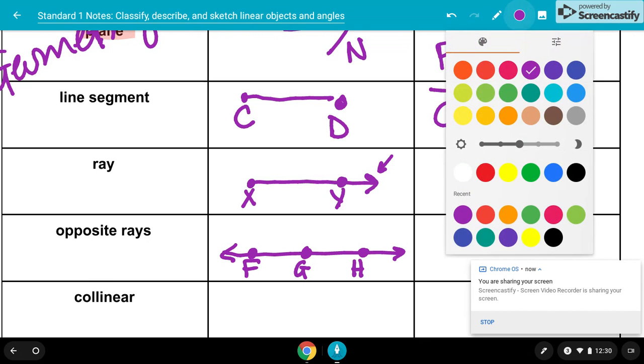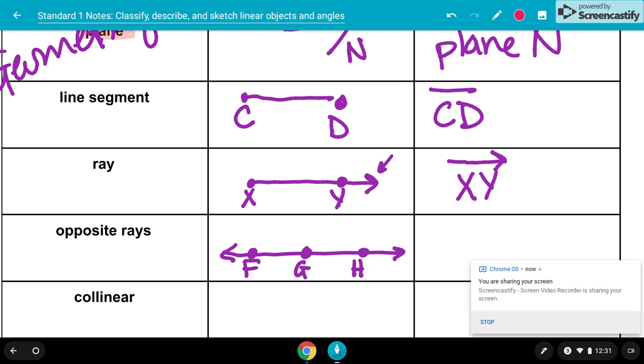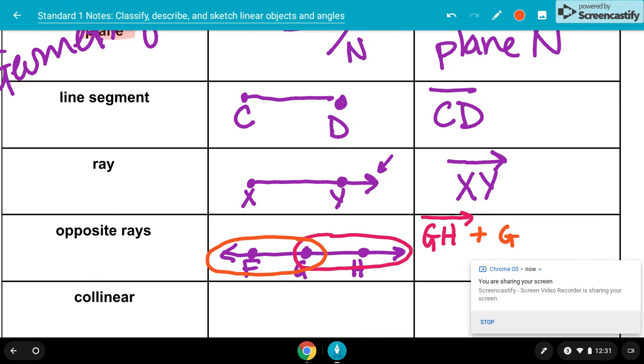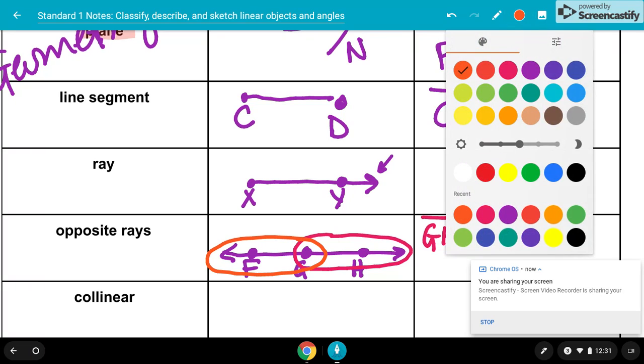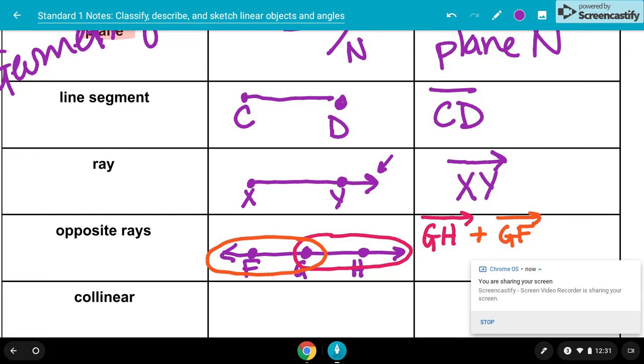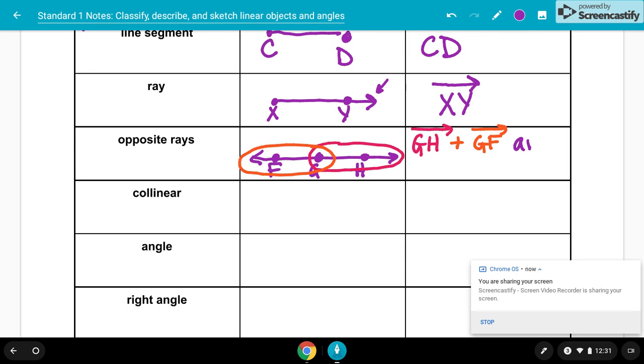You would say that ray GH, see how that's a ray? So ray GH and ray GF are opposite rays.